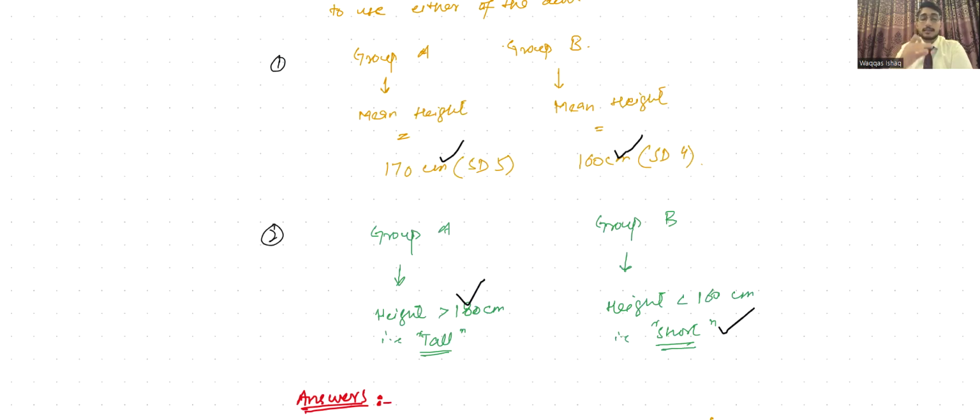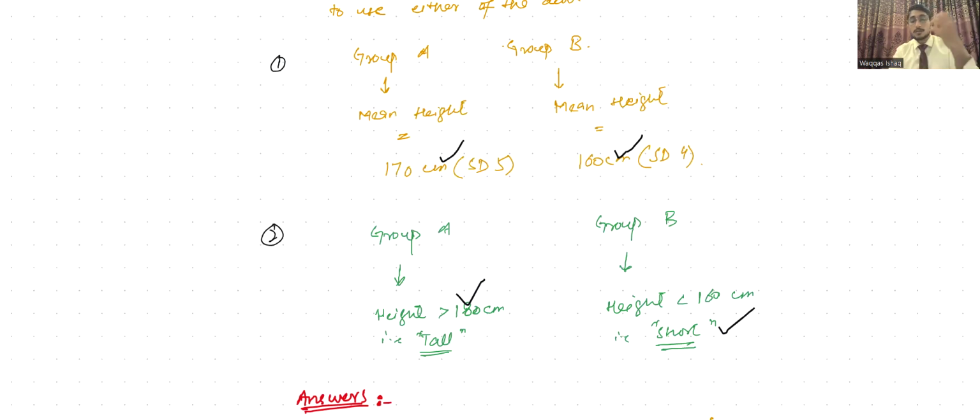They're just saying that this group has individuals who have height greater than 180. So they can be 185, 186, 187, anything. But the main thing is that they have tall individuals, while group B has short individuals.